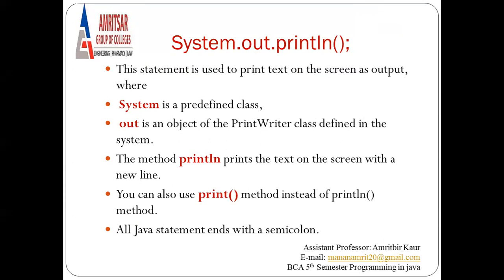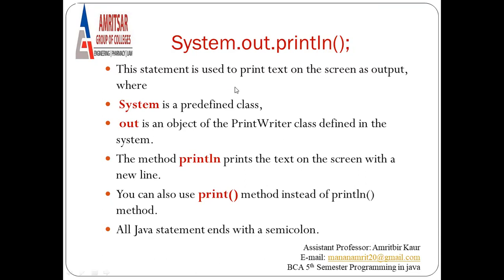In Java we use System.out.println, and in round braces we write our display content, like we want to display hello world. Your S must be capital because System is a built-in Java class. So S must be capital, otherwise you will face an error.